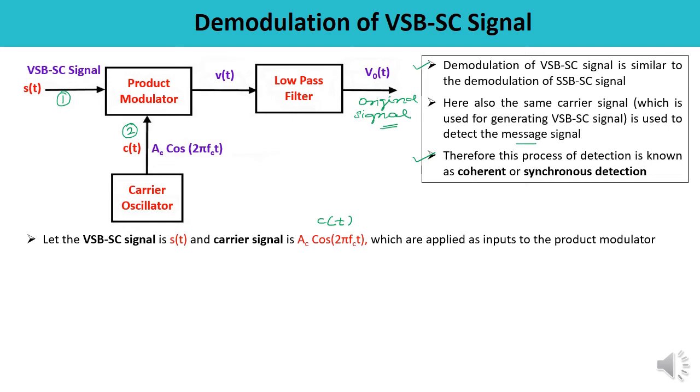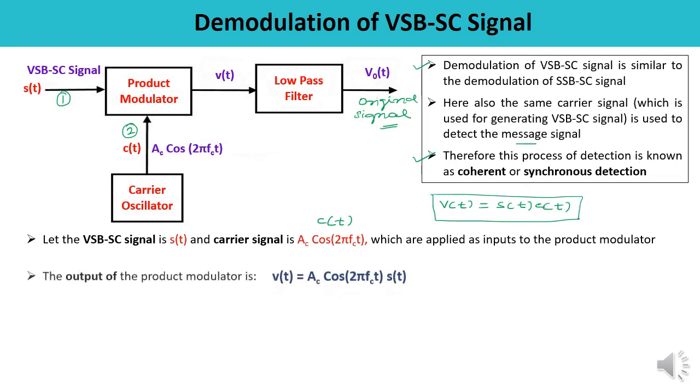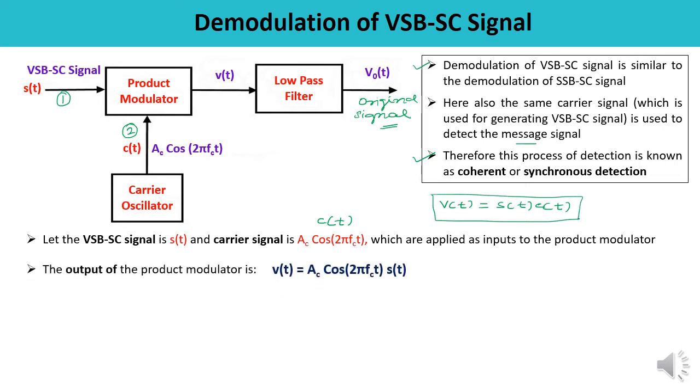First you need to calculate the output of the product modulator. The output, v(t), is the product of s(t) and c(t). So you can write it as Ac cos 2 pi fc t, which is c(t), into s(t).